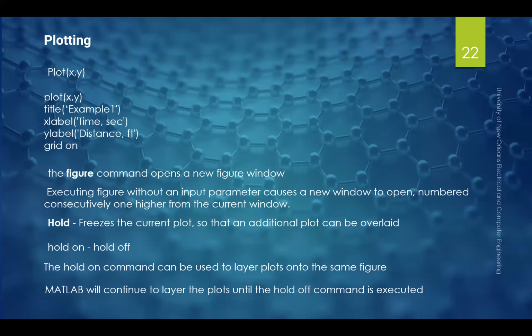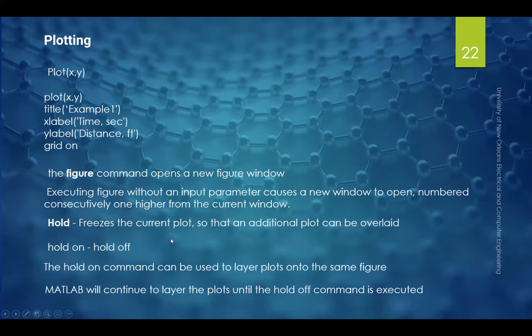That's if you want to see plots in different figures, generated independently, as opposed to seeing all the plots in one single figure. So that's an option that you can use. So executing figure without an input parameter will cause a new window to open, and it's going to be numbered consecutively, one higher than the current window. Okay. We'll see examples of this in a minute.